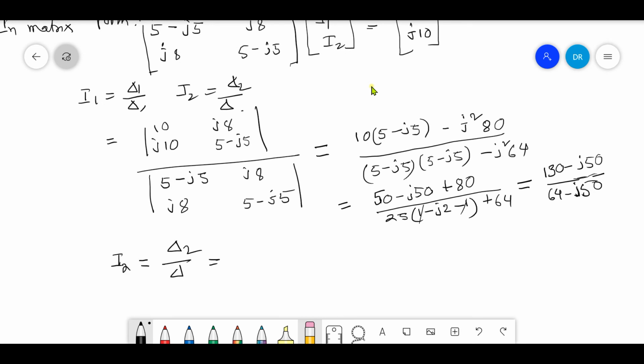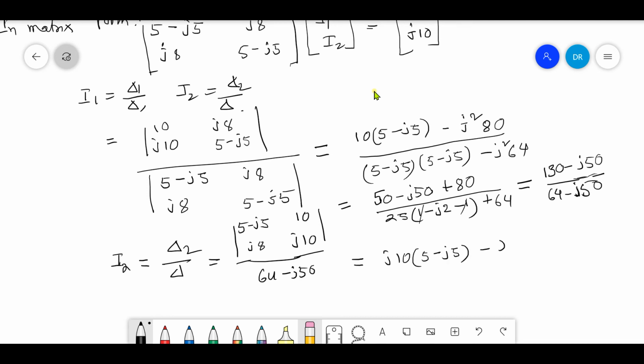Next we have to find the value of I2, which is del 2 by del. Here we have to replace the second column by 10 and j10.